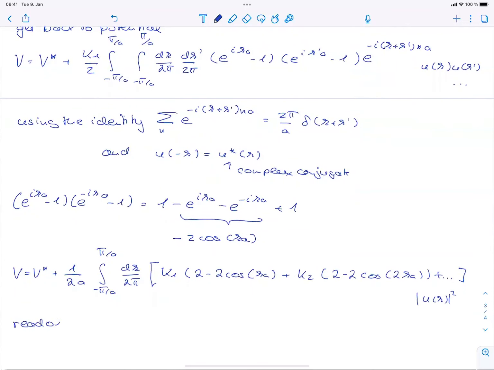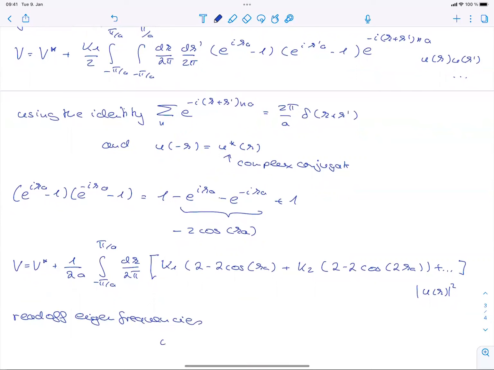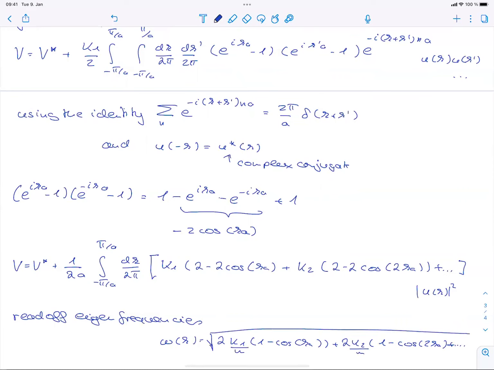So we can read off the eigenfrequencies as: omega squared equals 2 k1 (1 minus cos k a) plus 2 k2 (1 minus cos 2 k a) plus and so on, over the mass of the particles.